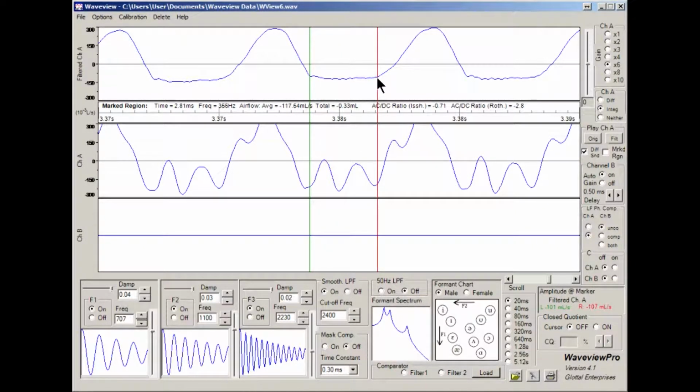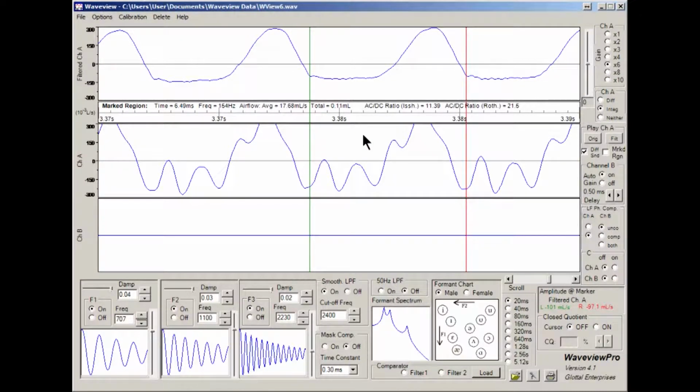And then right here, the vocal folds start to open and the airflow increases. If we want to know the fundamental frequency, we can click at two successive glottal closure points, and we get an interval of 6.49 milliseconds, which is a fundamental frequency of 154 hertz. And that was my fundamental frequency in saying pa.